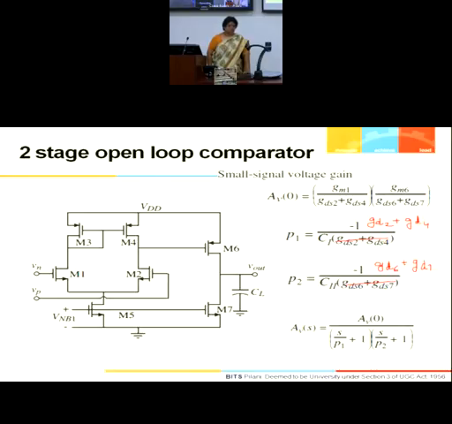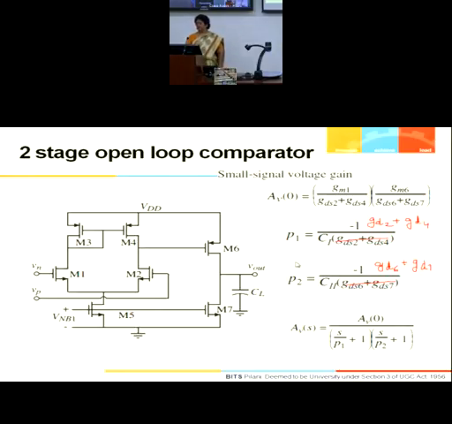Simply a two-stage op-amp, as shown over here, can act like a comparator. The total gain will be the gain of the first stage multiplied by the gain of the second stage. RO2 parallel RO4 is nothing but 1 upon GD2 plus GD4 in terms of conductances. I hope you understand this.